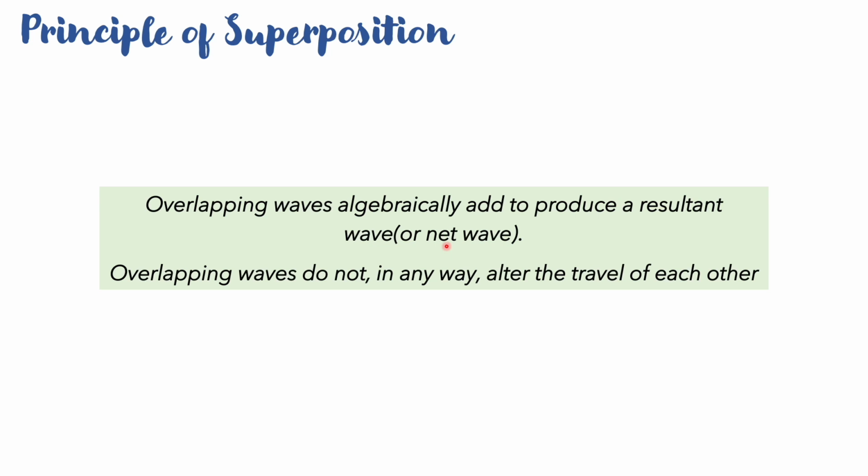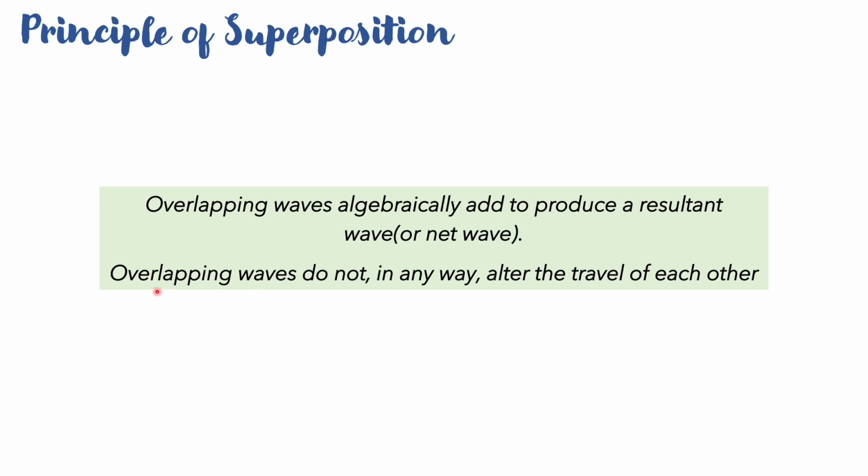Means 4 plus 4 is 8, 2 plus 2 is 4, and 4 plus 2 is 6. If the amplitude of one wave is 4 and the other wave has an amplitude of 6, both will add up and give another wave whose amplitude is the sum of both. So the net wave, or the resultant wave, will have an amplitude of 10.